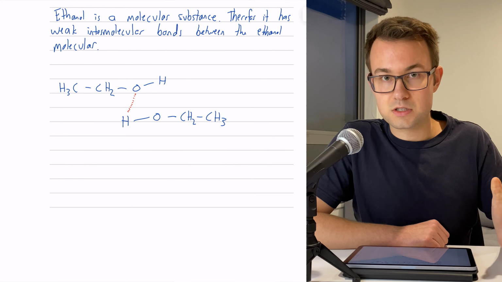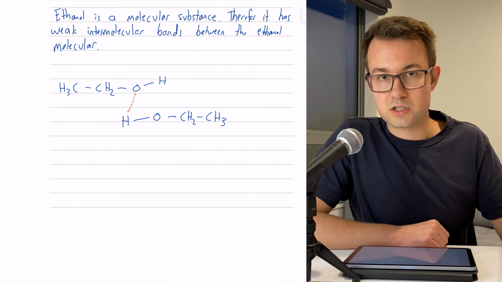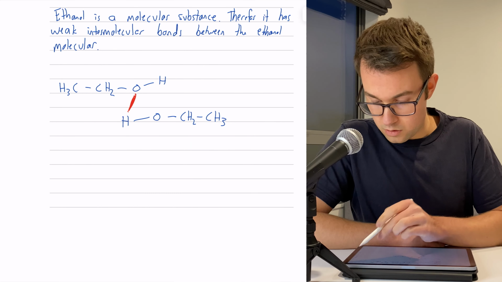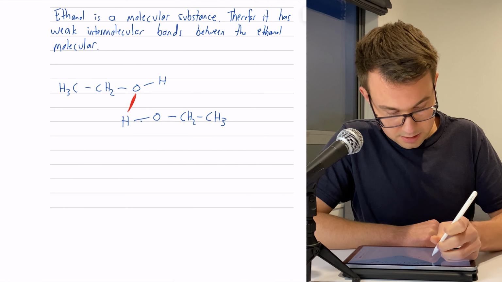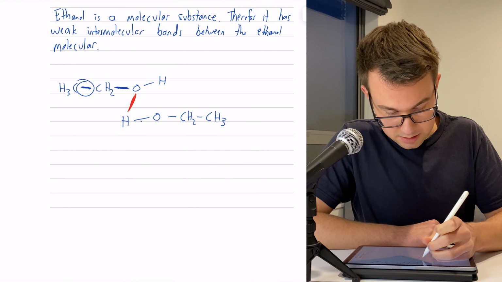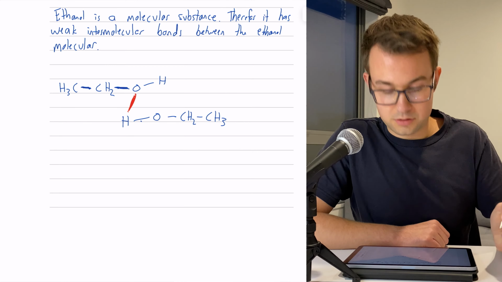So these bonds are relatively weak, even though hydrogen bonding is quite a strong type of intermolecular bonding. But in the grand scheme of things, these intermolecular bonds are very weak compared to the much stronger covalent bonds that are like here or here, between the actual atoms in ethanol.